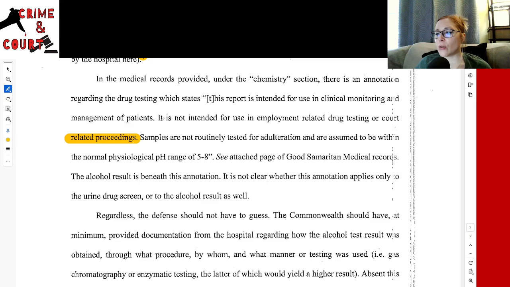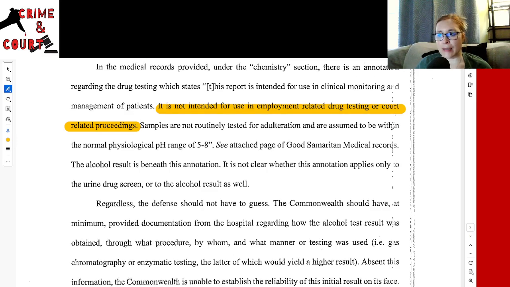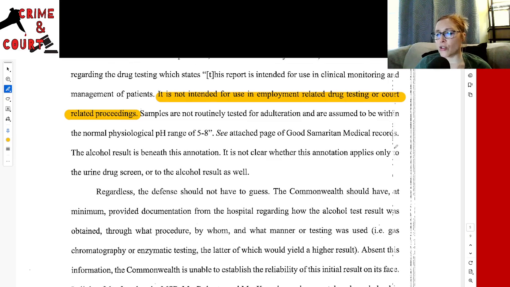So in its own policies and procedures, they say this type of testing is not intended for employment-related drug testing or court-related proceedings. Samples are not routinely tested for adulteration and are assumed to be within the normal physiological pH range of 5 to 8, whatever that is.